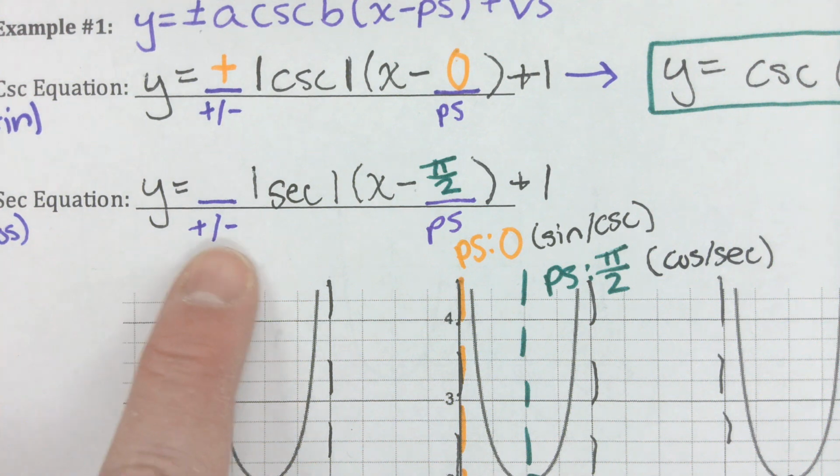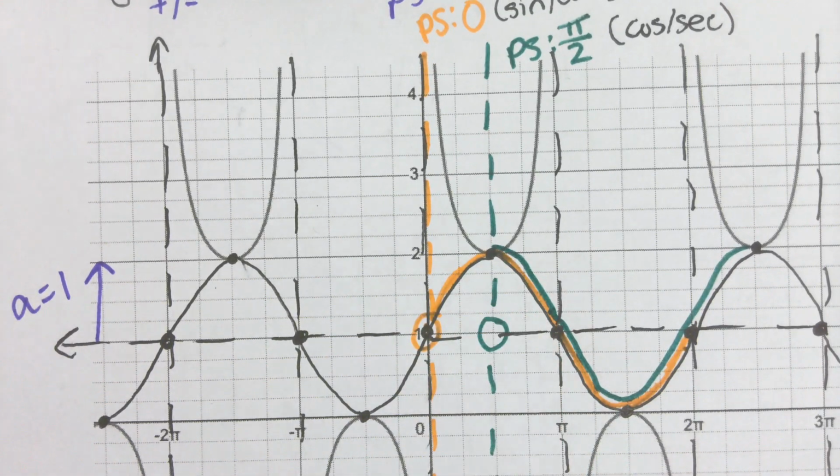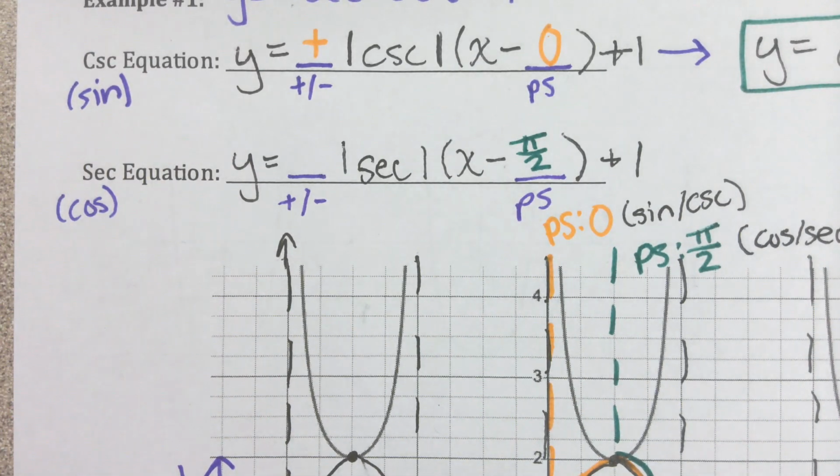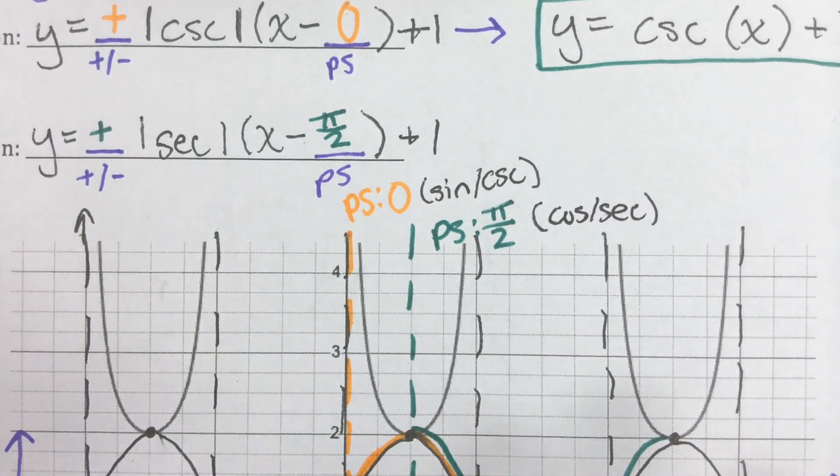Lastly, we need to determine if it's a plus or minus. I've already said this. I intentionally chose a maximum here so that it would be the positive case, no reflection. So again, much easier. And again, I'm going to rewrite this just so it looks a tad nicer.